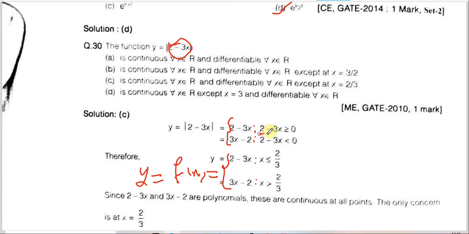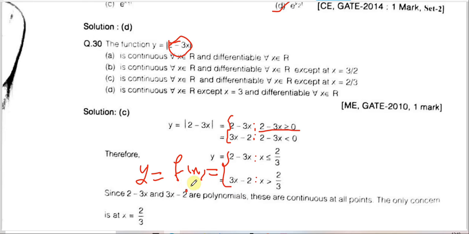If 2 minus 3x is greater than 0, then the function will open with positive 2 minus 3x. If it is less than 0, then the function will open with a negative sign so that it balances, because the function of modulus is to make it positive. That's why we open with a minus sign, so it converts into minus 2 plus 3x, so 3x minus 2 it will become.